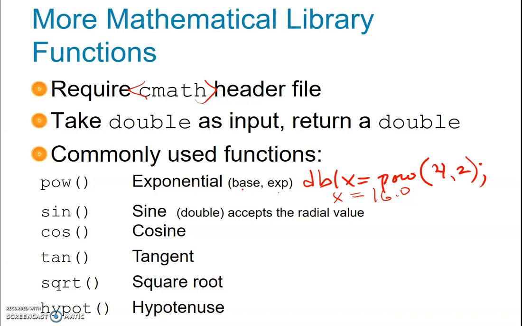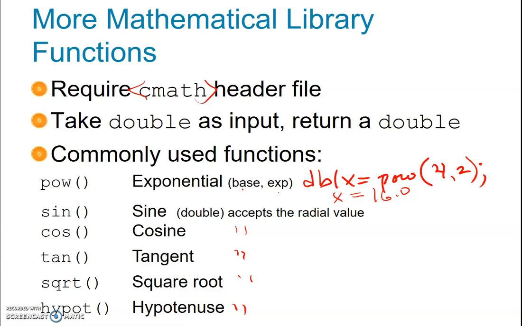Some of the other ones we'll use in this chapter are the geometry operators. All of these accept the radial value. So if I wanted to work with degrees, which we will do later, I need to convert.